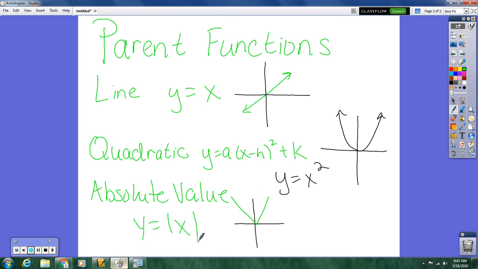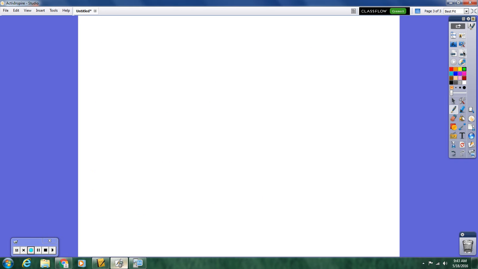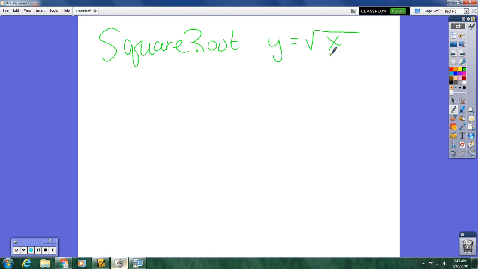So that's quadratic, that's absolute value, and then we'll do the square root. Go to the page. The square root, which was y equals the square root of x, started at 0 and went like that. This is the square root of x there, right?